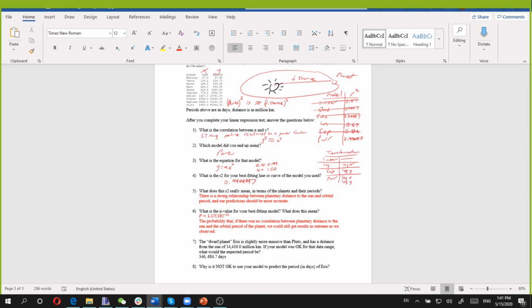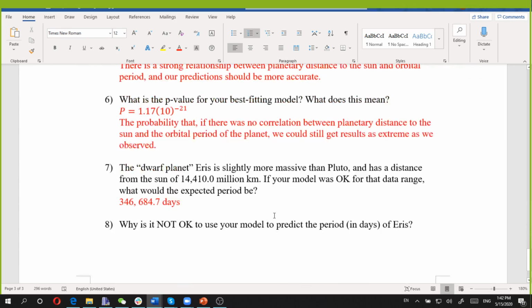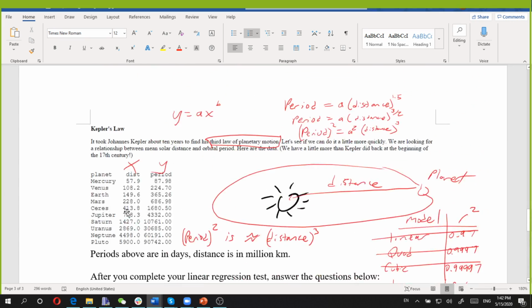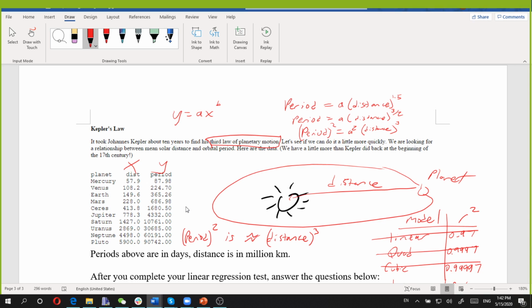Okay, going back to Aileen. Unfortunately, it's not okay to predict the orbital period of Ares using our model.